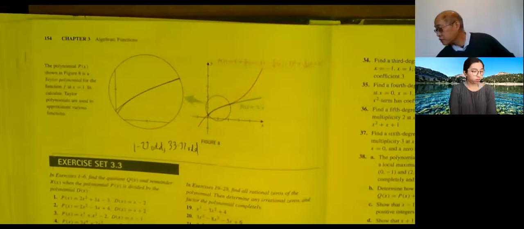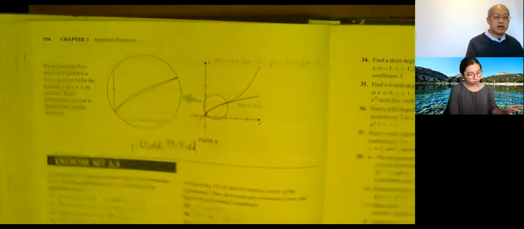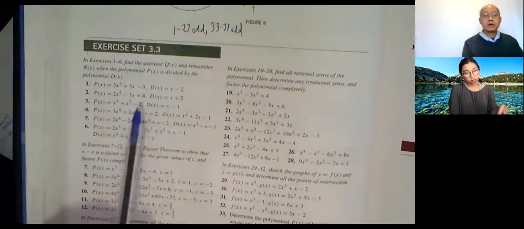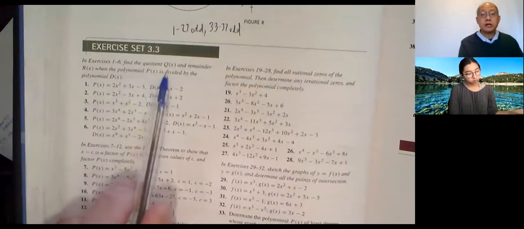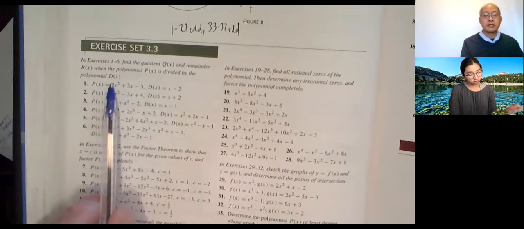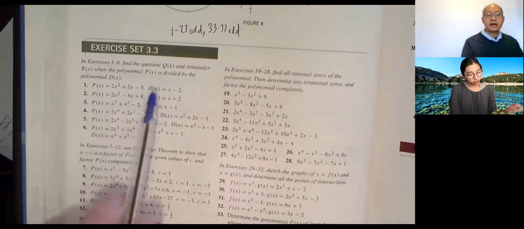All right, so how do we do these problems? So we have polynomial long division. Okay, remember the process of long division? Okay, so find the quotient and the remainder when the polynomial p of x is divided by the polynomial d of x. So we're doing long division. Okay, so that divided by that.